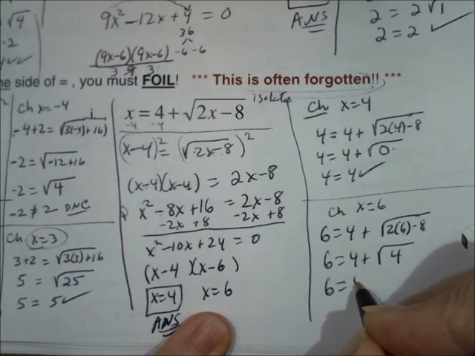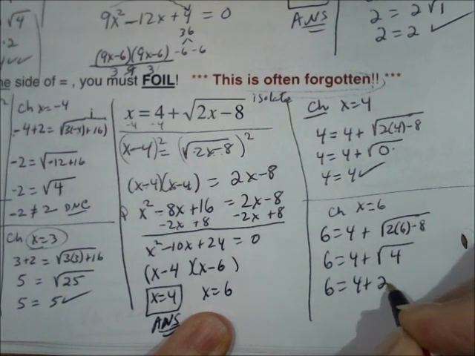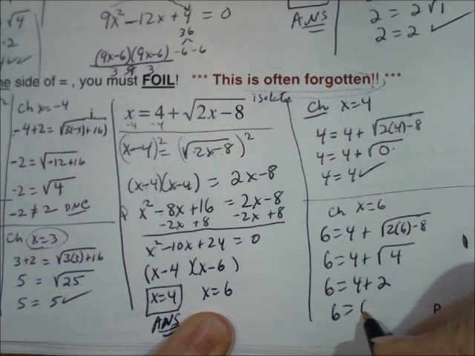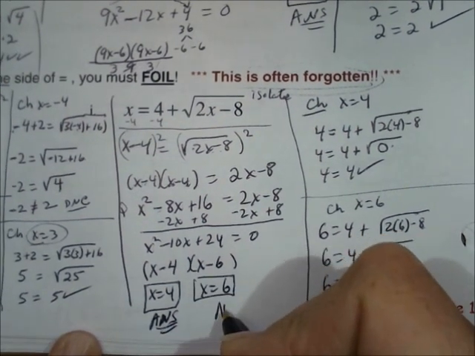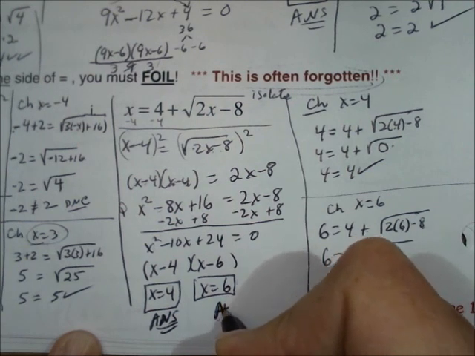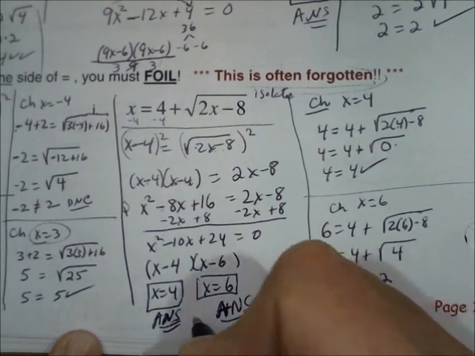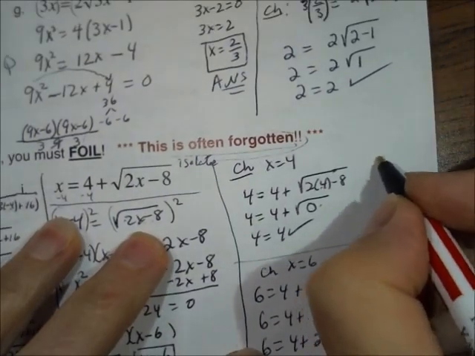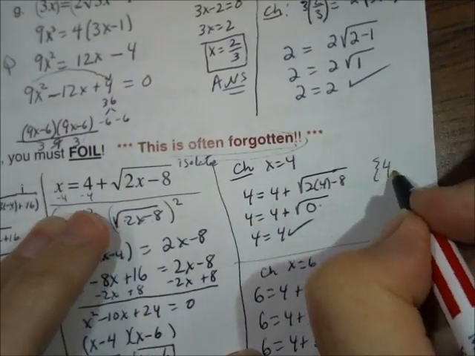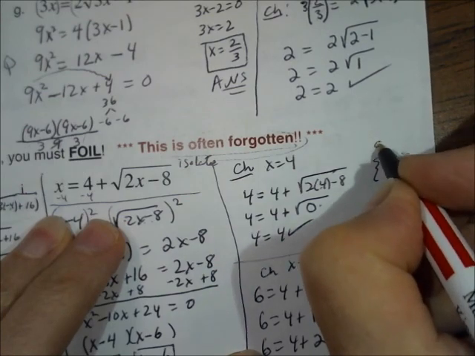Does 6 equal 4 plus the square root of 4, which is 2? Well, yeah, 6 equals 4 plus 2, 6. So this one actually has two answers to it. A and S for answer. So we have two answers, 4 and 6. If you want to be fancy and put them in curly brackets, 4 and 6 are both our answers.